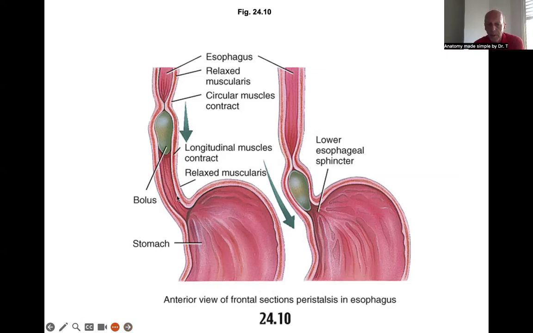Once it runs through the diaphragm, the very last couple of centimeters of the esophagus could be named abdominal segment of the esophagus, but it is really not that relevant and it doesn't bear any additional significance for you to remember.